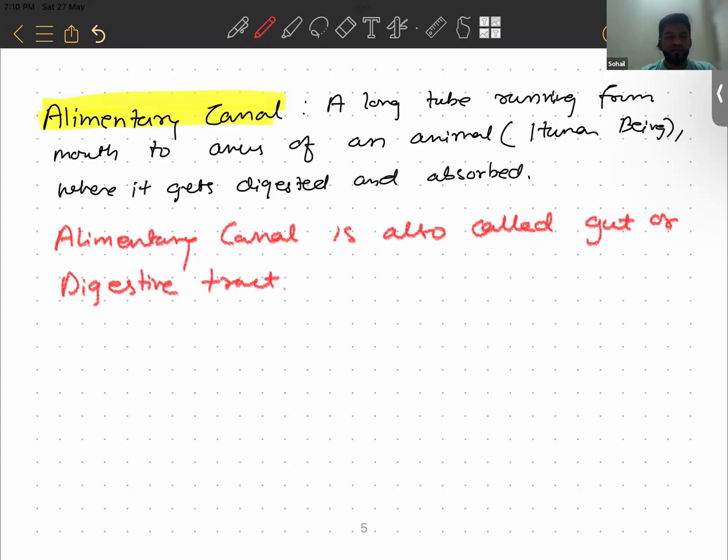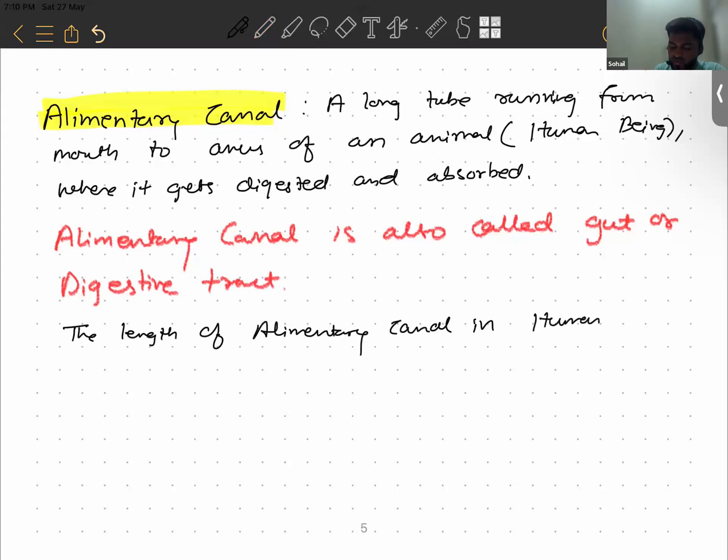Because it is the tract where the digestion of food takes place. And normally in the human body, the length of the alimentary canal is 8 to 9 meters, in a grown adult, not in a child.